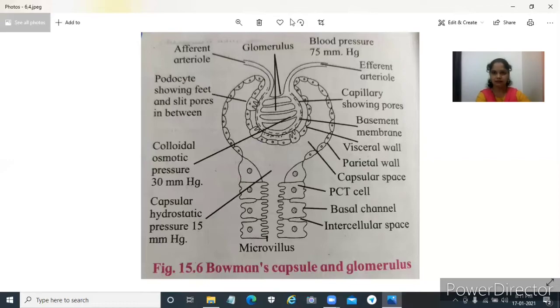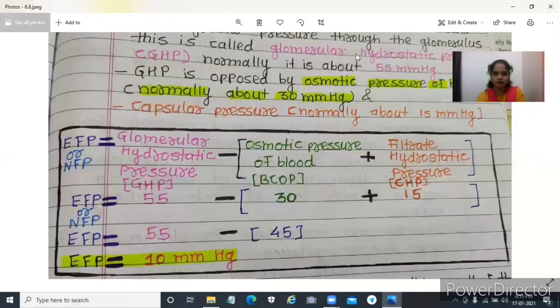Look at this value. GHP is opposed by the osmotic pressure of blood, which is normally 30 mmHg, and the capsular pressure, which is about 15 mmHg. Look at this value.